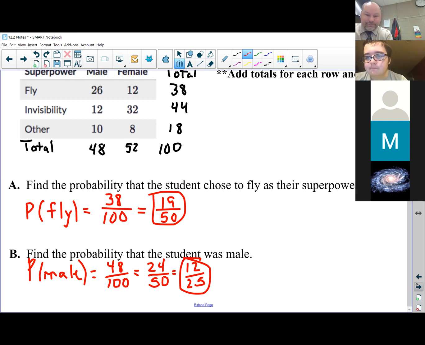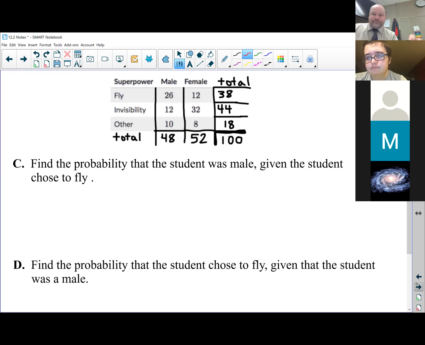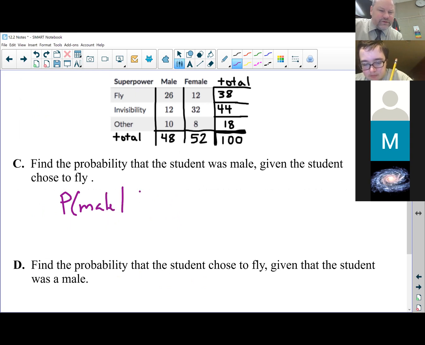All right. Find the probability that the student was male given they chose the ability to fly.